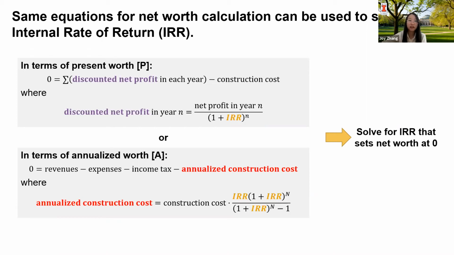And we can see that from the nature of these equations, it would be difficult to solve for IRR analytically, but we can resort to software with nonlinear equation solvers or just a general programming language.